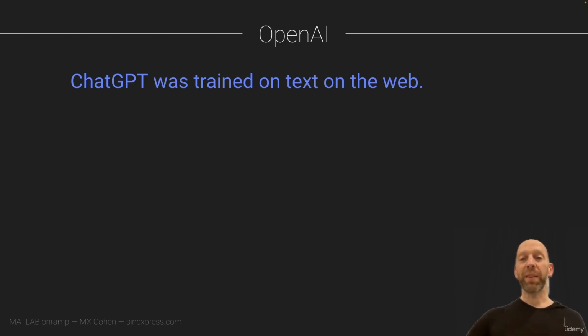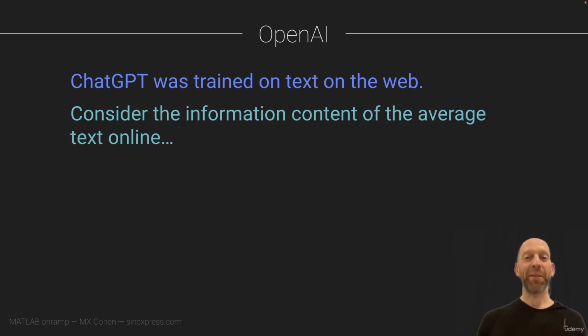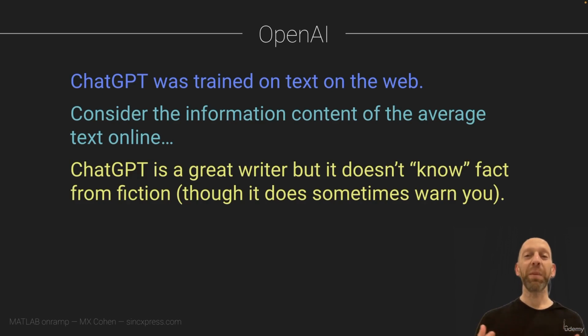So it's basically as smart as your average person who writes online text. And so that's something to think about. It is not this omniscient God. It doesn't know everything about everything. Instead, ChatGPT is just an extremely good writer, and it's able to integrate a lot of information that other people have written, and ChatGPT is able to summarize what it's read online in clear language that is easily understood.